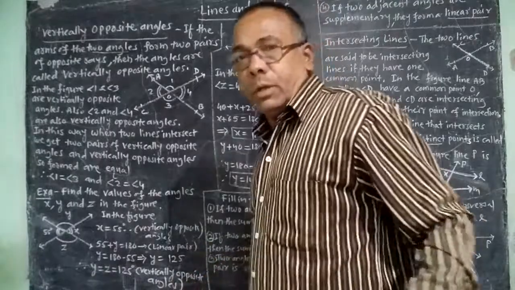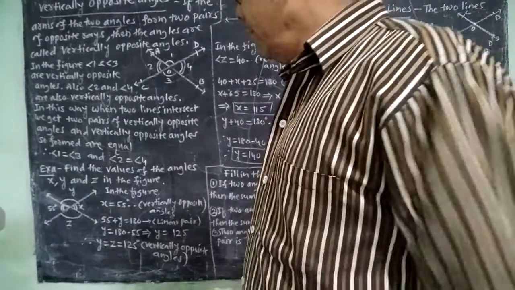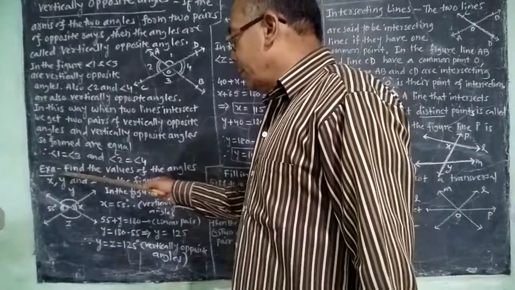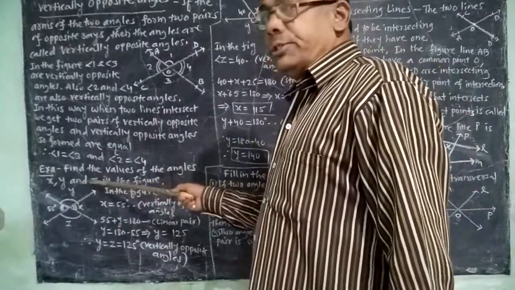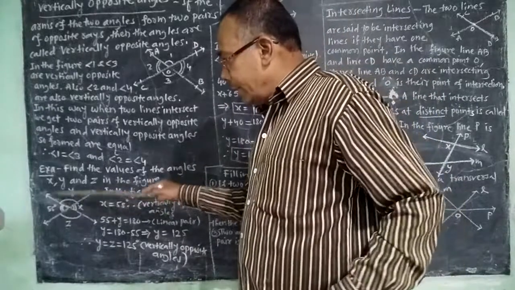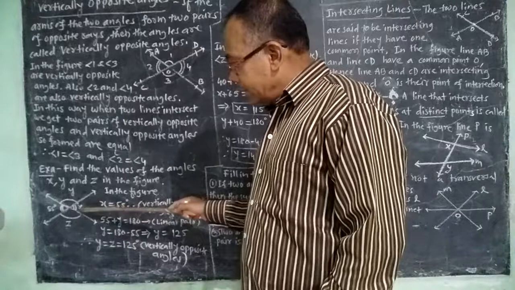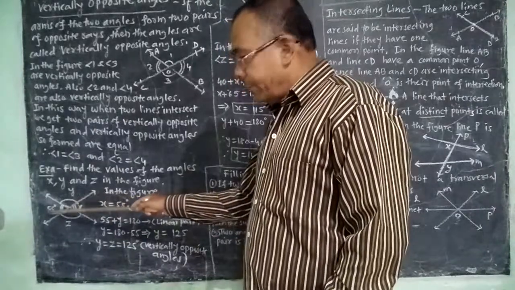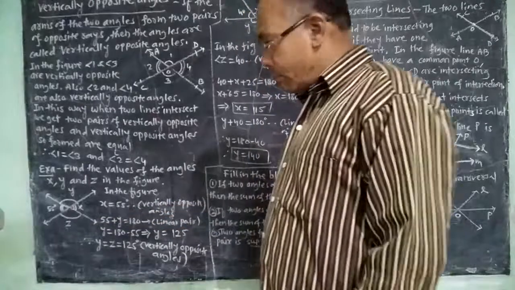Now we have to see one example here. First example: find the values of the angles x, y and z in the given figure. Here the two lines are intersecting, and due to this, angle x, angle y, angle 55 and angle z, these four angles are formed.